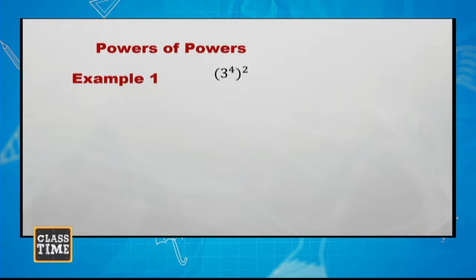So I would say 3 raised to the 4th power multiplied by 3 raised to the 4th power. Same base, so I add my powers and get 8. But I also recognize that I could have multiplied the powers: 4 times 2 gives me 8.